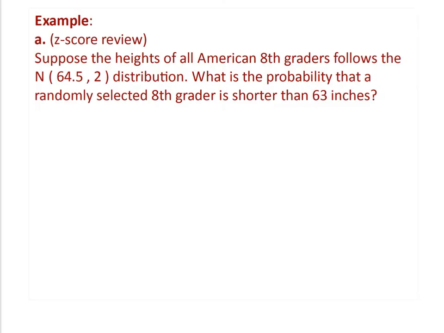So to start today's lesson on sampling distributions for means, let's just review z-scores and how we use table A. It says, suppose the heights of all American 8th graders follow the N(64.5, 2) distribution.